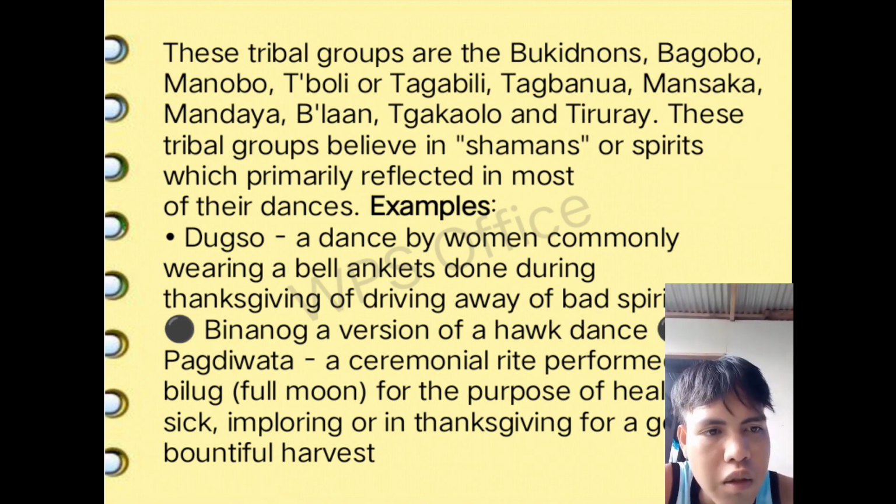These tribal groups are the Bukidnon, Bagobo, Manobo, Tiboli or Tagabili, Tagbanwa, Mansaka, Mandaya, Bilaan, Tagakaulo, and Tiruray. These tribal groups believe in shamans or spirit witches, primarily reflected in most of their dances.